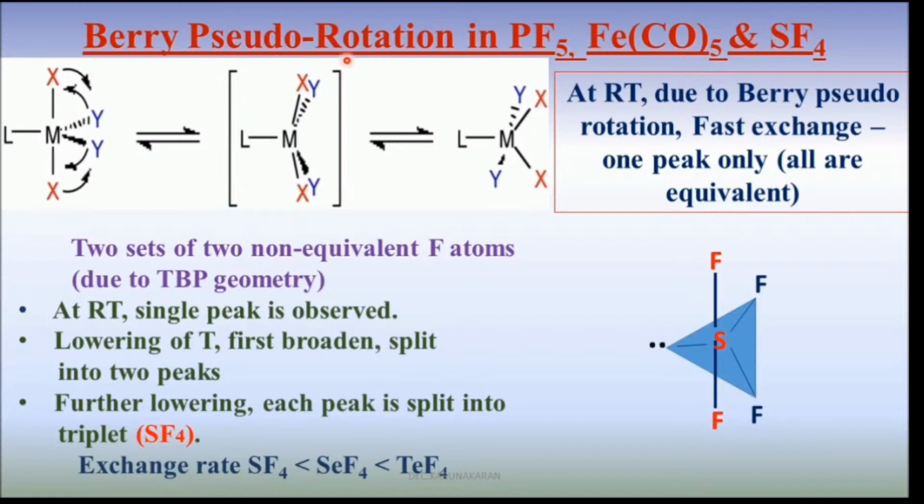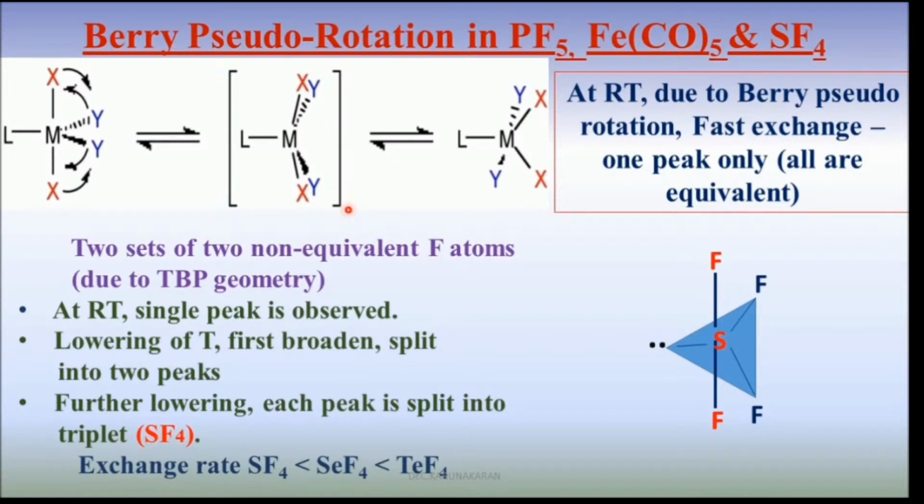They undergo Berry pseudo rotation, that is, it occurs via a square pyramidal geometry. Due to this rotation, axial positions become equatorial and equatorial becomes axial, as you see here.